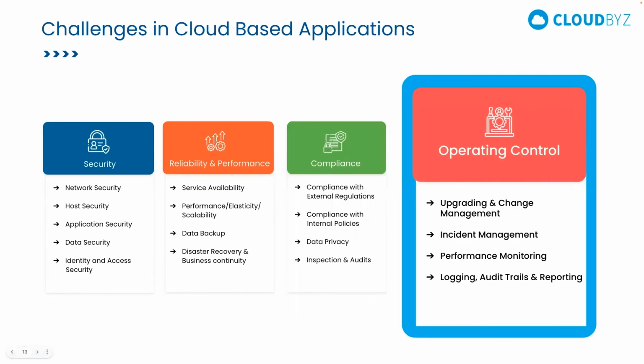So on the operation control, you need to concentrate on two things. One is change management, and other one is incident management. So you need to have a robust change management, because you are taking the services, infrastructure as a service, or you might be taking platform services, or you might be relying completely on the web services. That is what we call it as SaaS, right? So here you need to ensure that you have a robust change management, and you need to agree with the service provider. Without your knowledge, they should not upgrade their system, right?